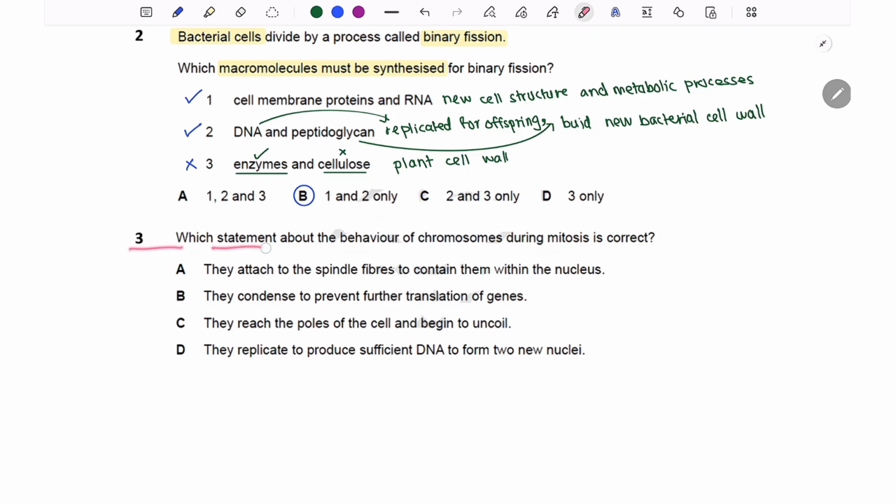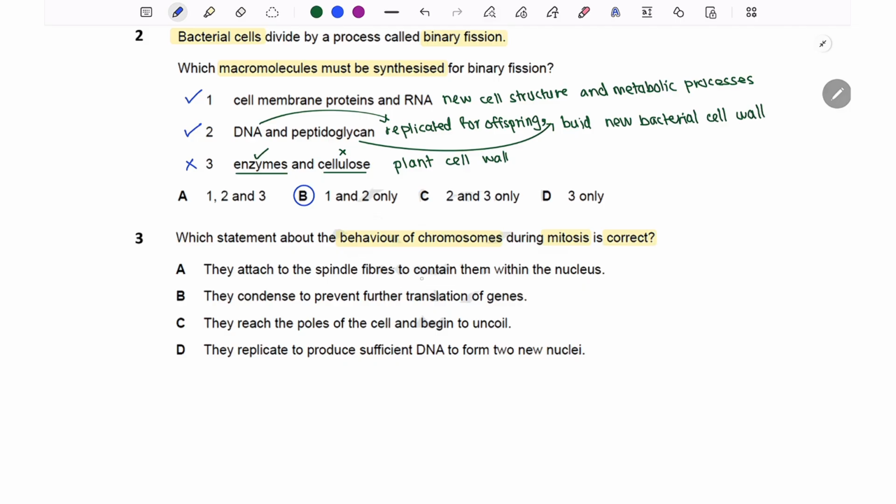Question number 3. Which statement about the behavior of chromosomes during mitosis is correct? Sometimes they can ask for incorrect, so just look out for that. A is they attach to spindle fibers to contain them within the nucleus.